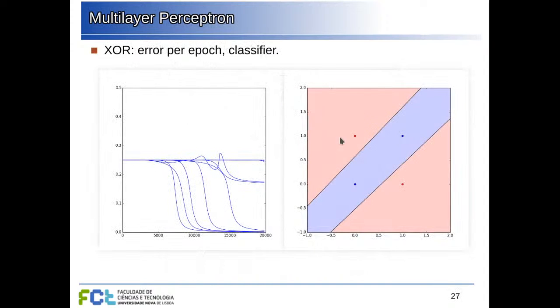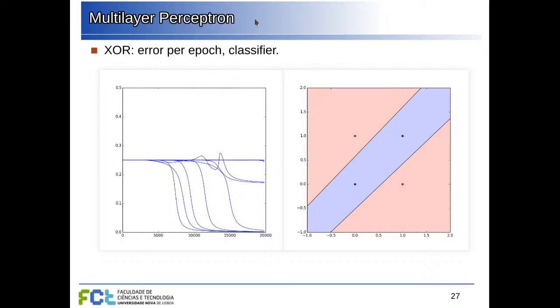In this case, the output will be like this, where it answers 0 for these ones and 1 for the other 2 outside. And it manages to reduce the error. Note that this takes a bit longer to train, so you have a lot more epochs here, and in some cases it takes longer than others, but eventually it learns to classify this correctly.